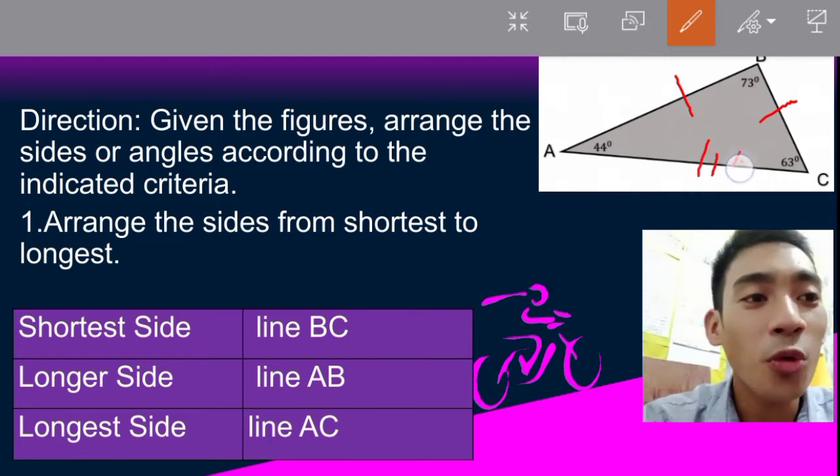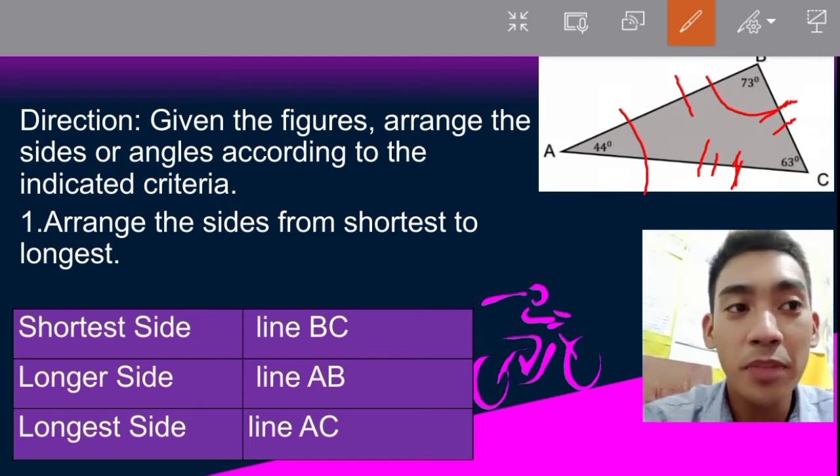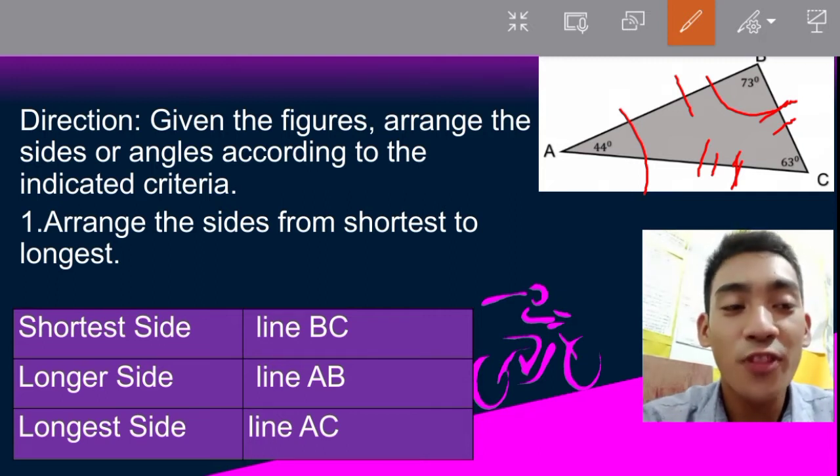So as you can observe, our shortest side, which is line BC, is opposite to the smallest angle, which is angle A with an angle of 44 degrees. While our longest side, which is line AC, is opposite to the largest angle, which is angle B with 73 degrees.